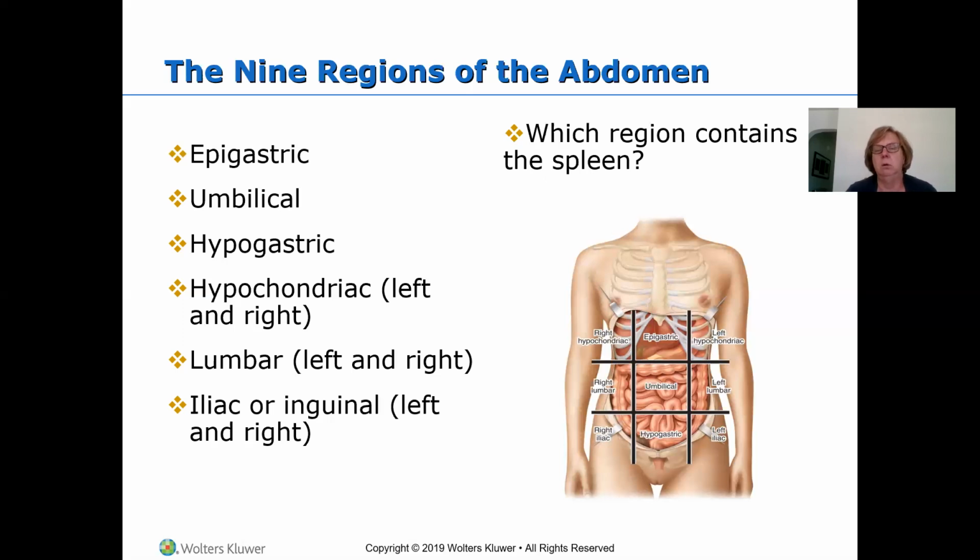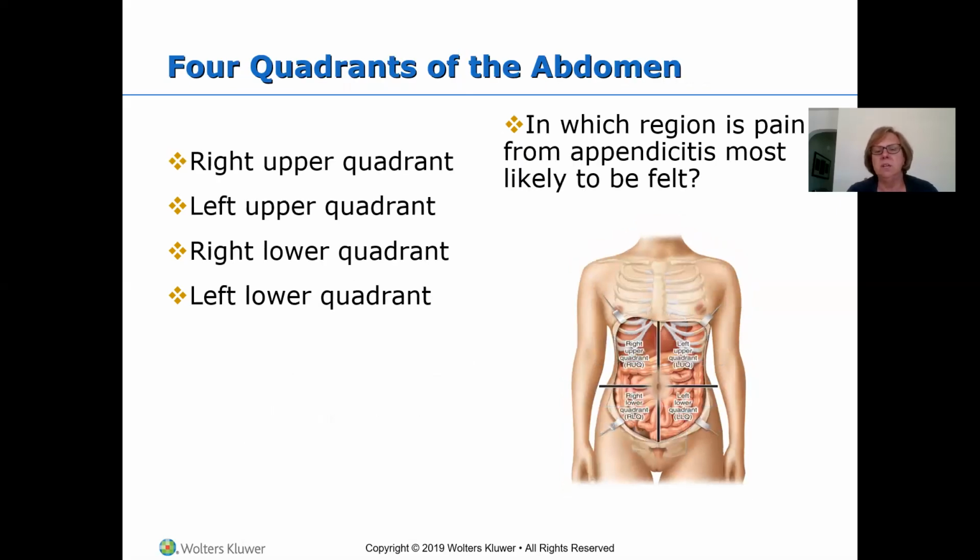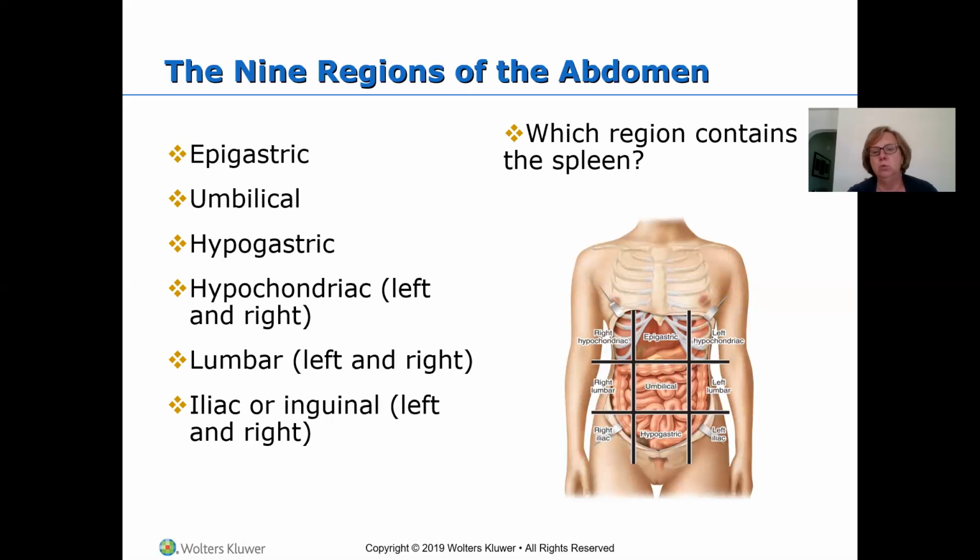Then on your right and left sides, hypochondriac, the lumbar, and think about your lumbar vertebrae, sort of in the middle of your back, and then the iliac, which is related to your pelvis. Okay, so those are the nine regions.